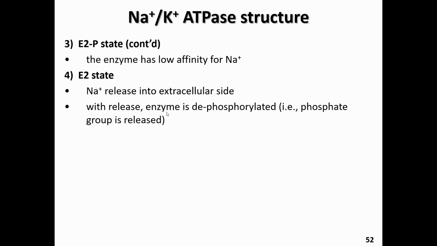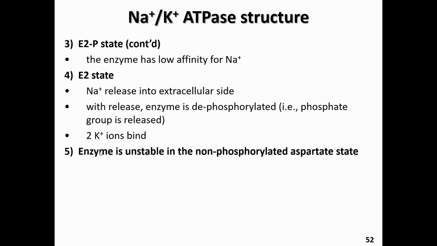And at this point, we say that the enzyme is dephosphorylated. At that time, the phosphate group on the interior portion of the cell is released from the aspartate residue. And this puts the enzyme in a position to bind 2 potassium ions that are on the exterior part of the cell.